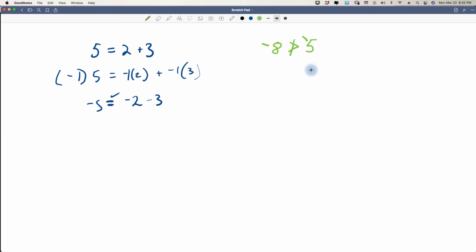So that statement becomes false. So what we have learned is that when we multiply an inequality statement, we will do both sides, but we have to flip our inequality sign. We have to get the opposite inequality sign to keep the statement true.